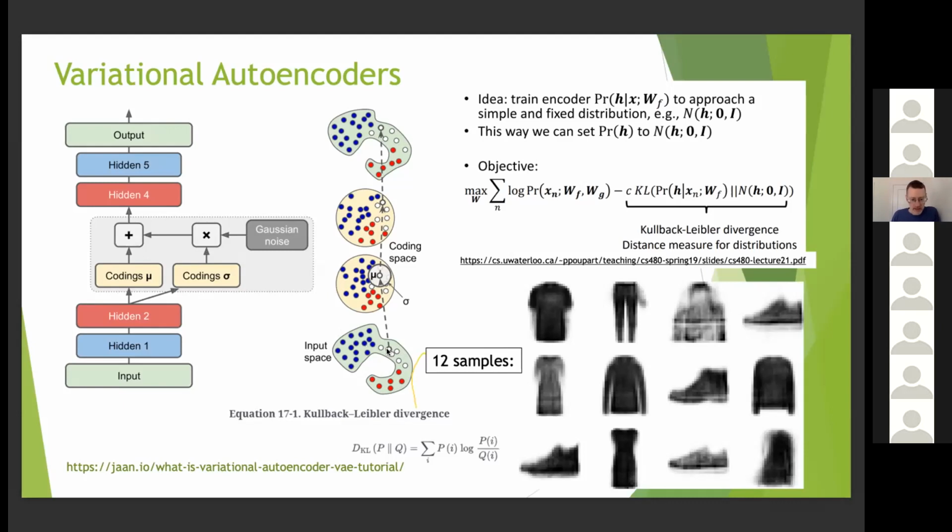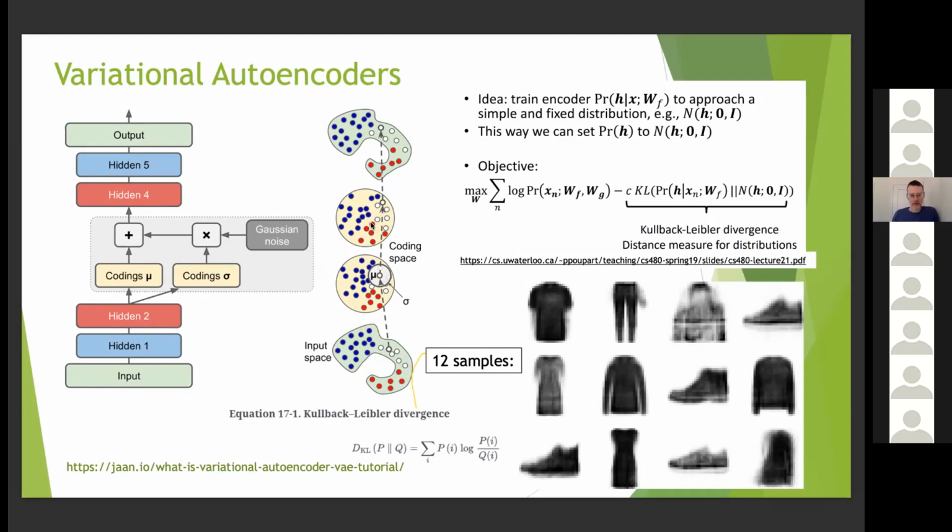We're going to take this one instance here that was from the white class, and we compute using the encoder a mu and sigma for it.